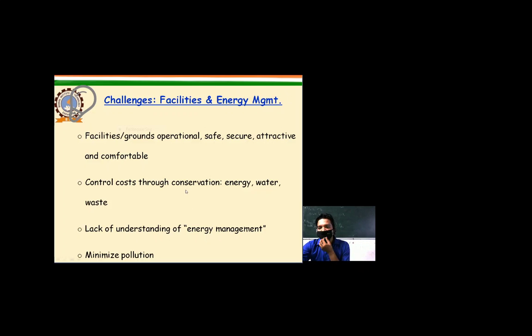Because if we conserve the energy, water as well as waste, definitely a conservation law would be feasible, and we will use such a type of mechanism which would be very fruitful for us, and that would be the keywords to establish a green building technology. So to get any type of certification, there definitely should be the conservation of the energy, water as well as waste.